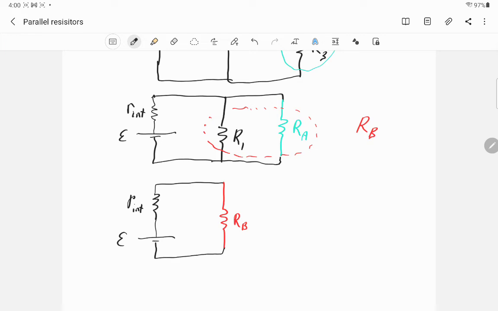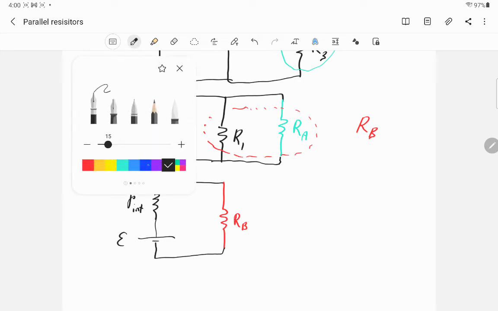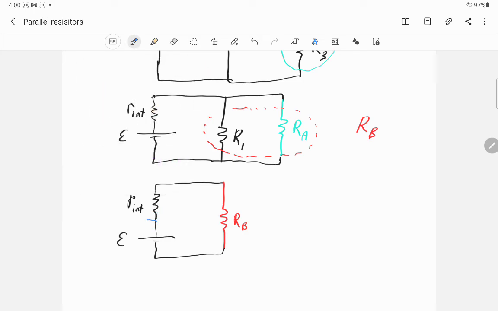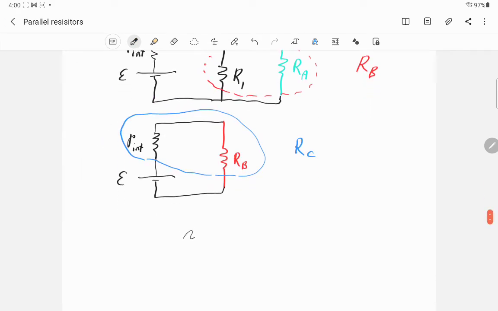And then I'm going to realize that R internal and R sub B are in series. So I'll have a further equivalent resistance called RC, which is the series combination of R internal and RB. And you can see how this builds up, right? For computer scientists, this is a recursion. You're building something up recursively.